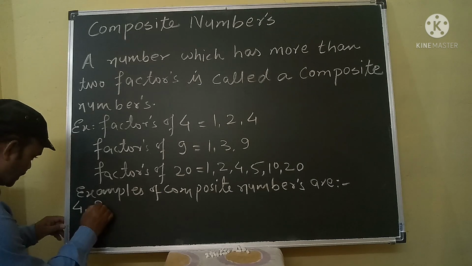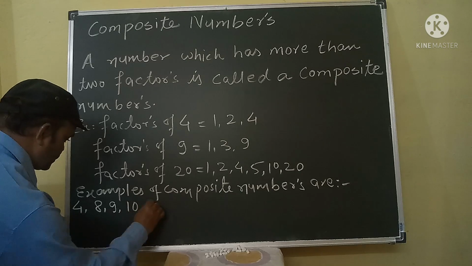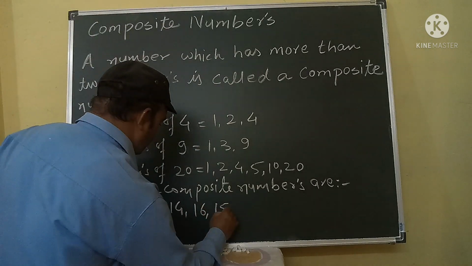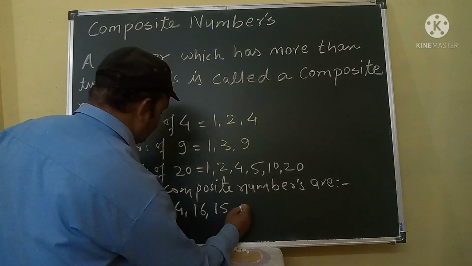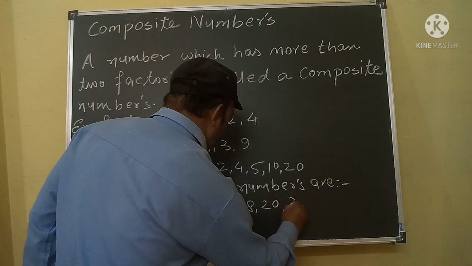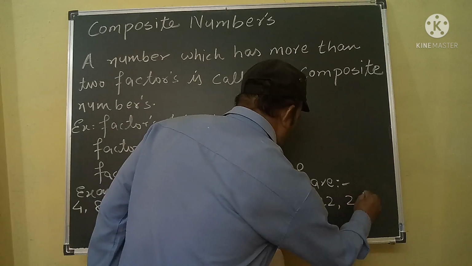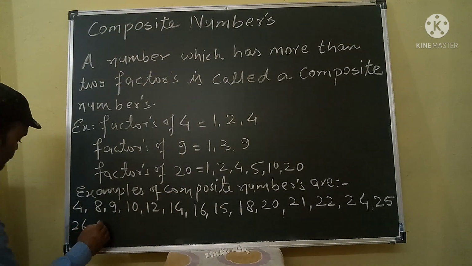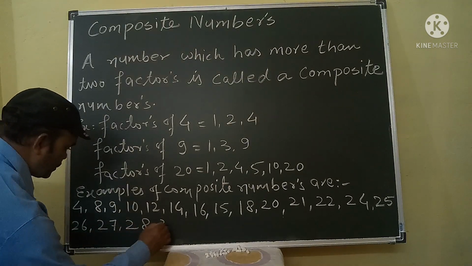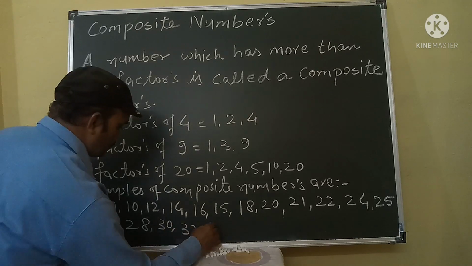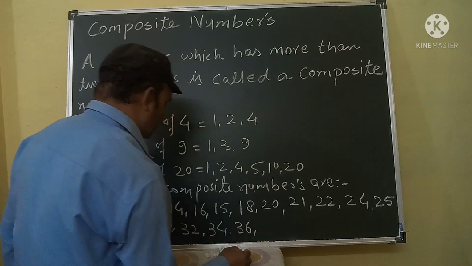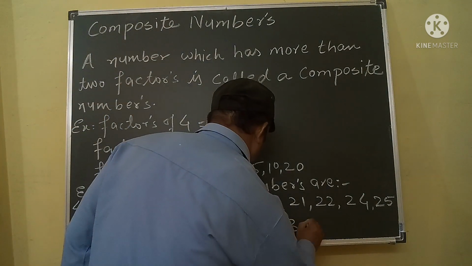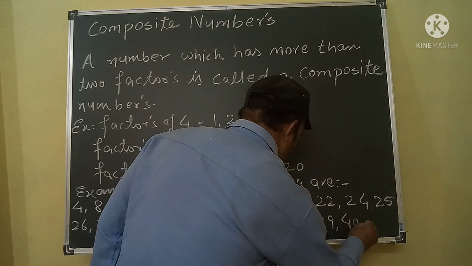4, 8, 9, 10, 12, 14, 15, 16, 18, 20, 21, 22, 24, 25, 26, 27, 28, 30, 32, 34, 36. 35 is also a composite number, 38, 39, 40 and so on.